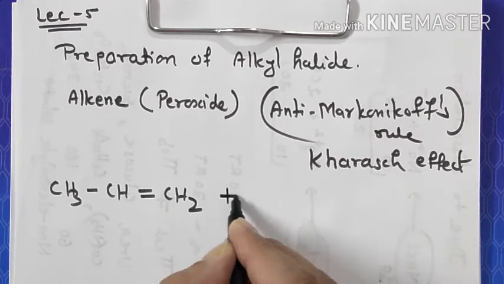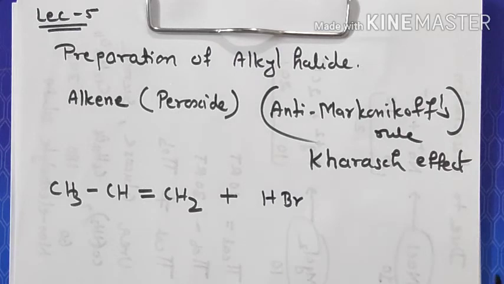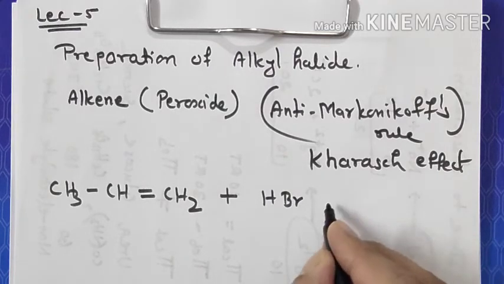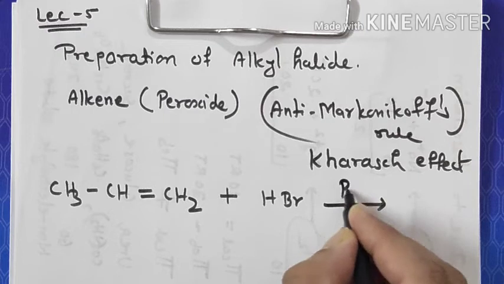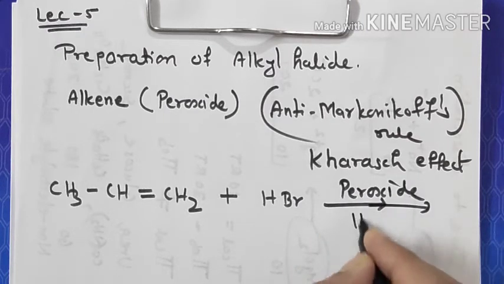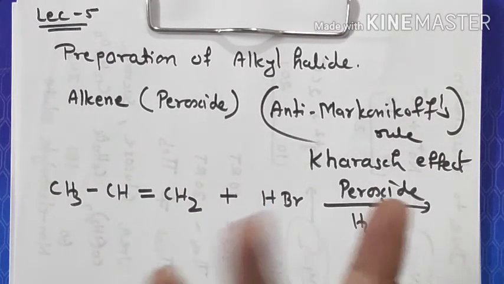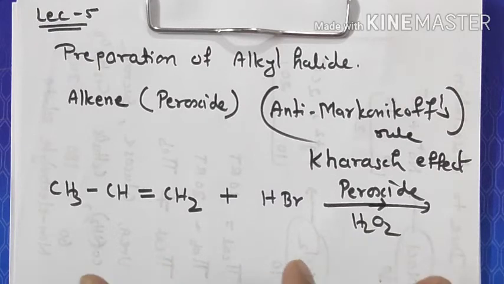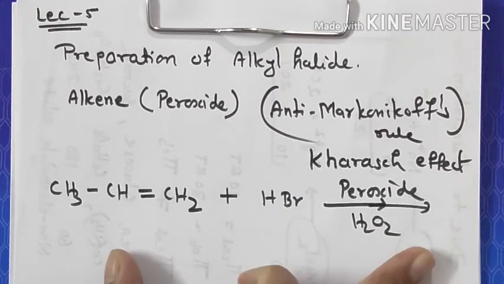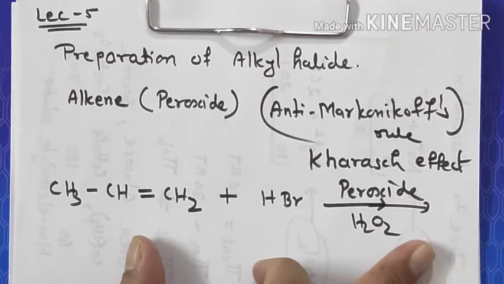When this unsymmetrical alkene is treated with HBr, but this reaction takes place in the presence of peroxide, like hydrogen peroxide, H2O2, or benzoyl peroxide, or any peroxide, then the product obtained is not according to the Markovnikov rule. The product obtained is according to the anti-Markovnikov rule.